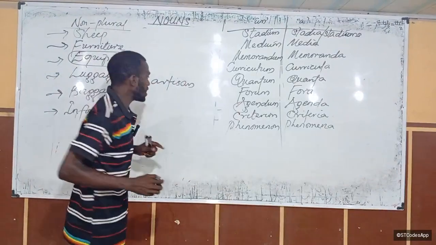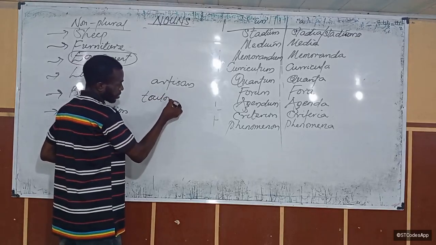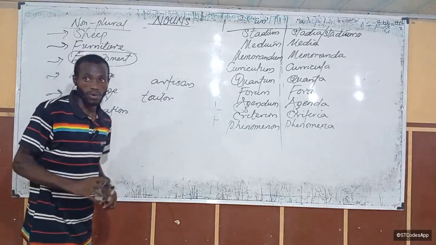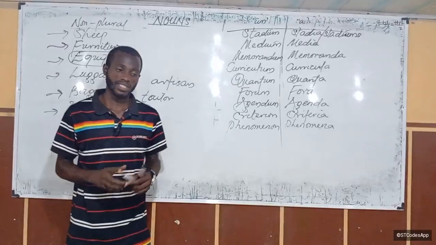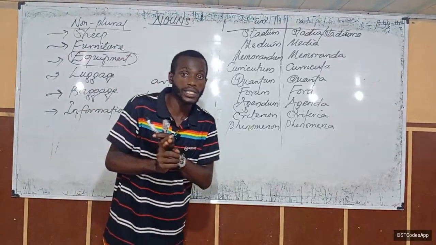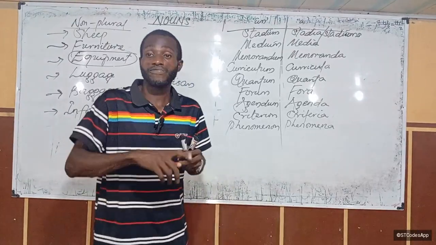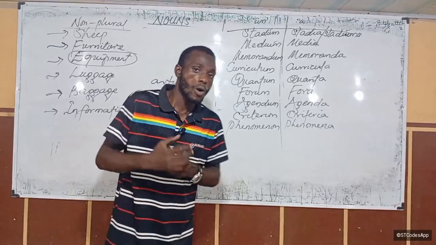If you are a tailor or a tailoress, what will be your equipment? You have tape rule, you have scissors, you have chalk for tracing, maybe pencil, and fabric, yeah?